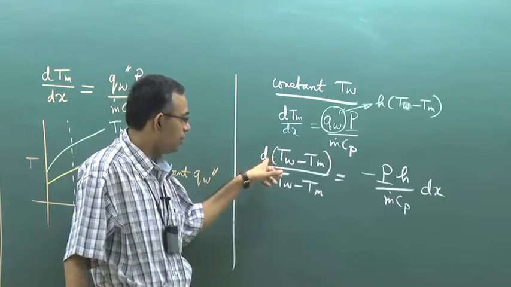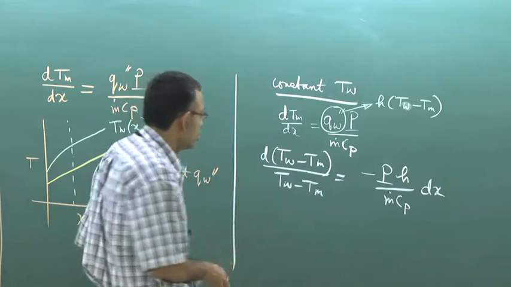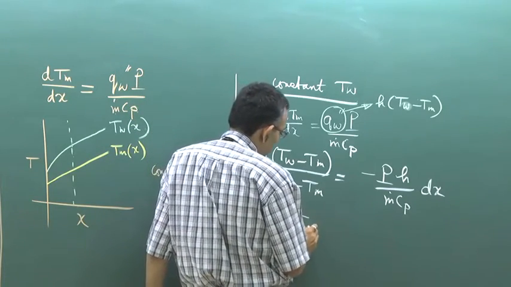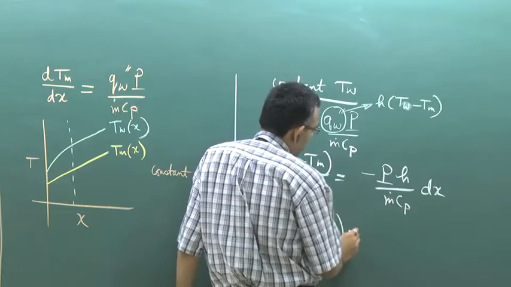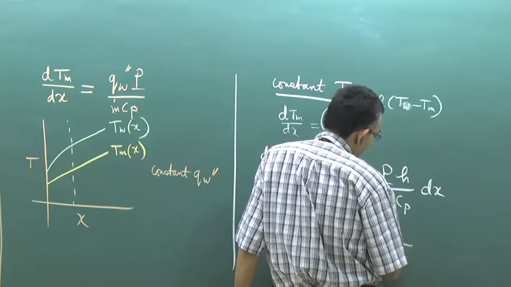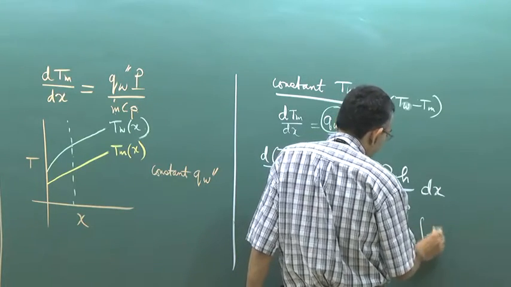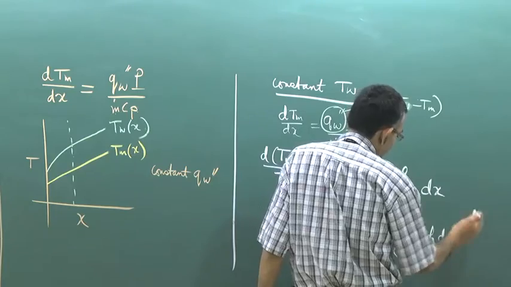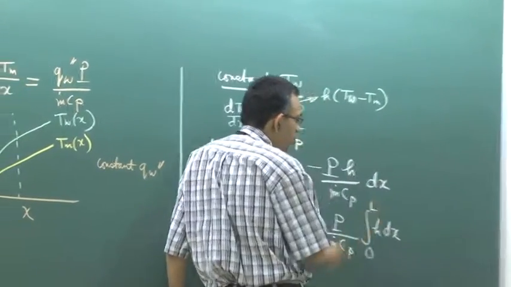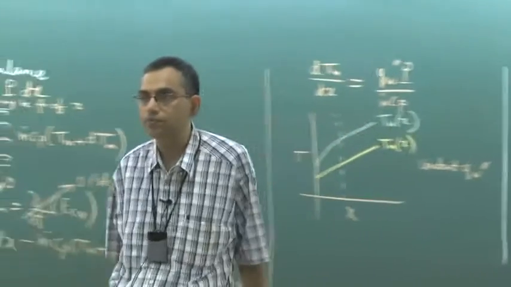So it is of the form dz by z, so it will be log of this. So ln of T wall minus Tm is equal to minus P by m dot Cp integral of h dx from x equal to 0 to x equal to L, where L is the total length of the channel or the pipe.